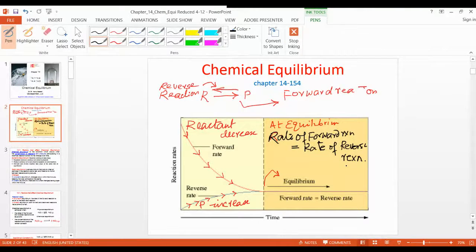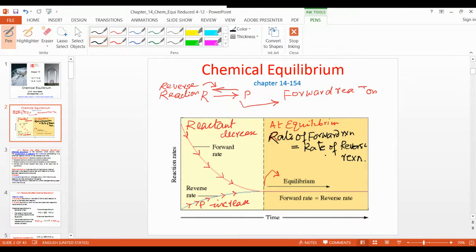So at equilibrium, we can write this, the reactant is going to decrease or reduce, and the product is going to form, that is increase, but both reach at a certain point. That point is known as equilibrium.